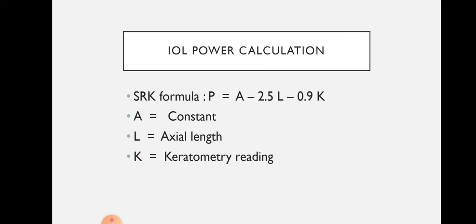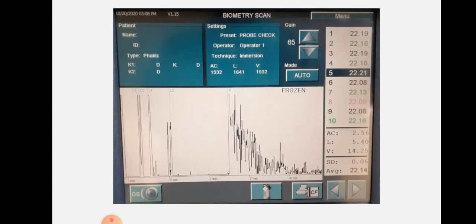If there is a miscalculation of the IOL power, it can lead to overcorrection or undercorrection of the eye after putting the IOL in the capsular bag in cataract surgery. So, this is the reading that we can get after performing A-scan through the immersion method.